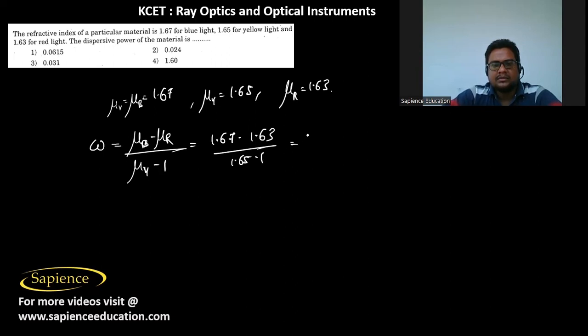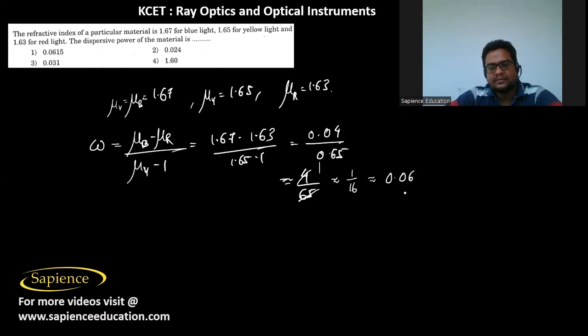So this will be 0.04 by 0.65, so this is 4 by 65, which is approximately 1 by 16, which is approximately 0.0615. So option 1 is the correct answer.